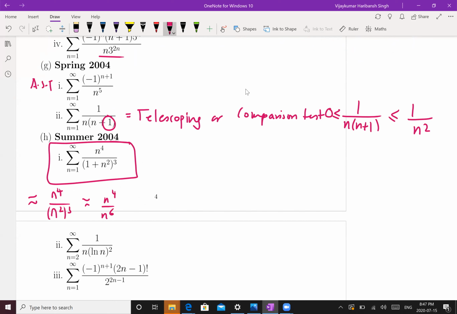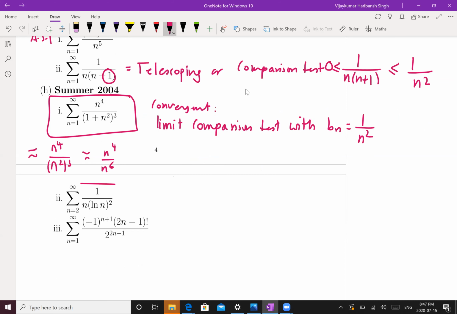So this is going to converge. What test to use? You can use a limit comparison test with bn equals 1 by n square. That's one of the tests you can use.